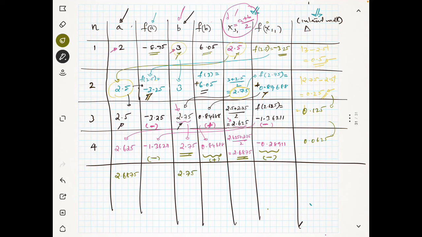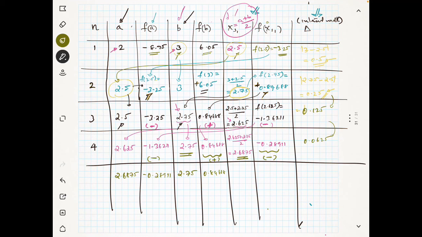So again we take 2.75. f of 2.75 is 0.84688, and the function value at 2.6875 is minus 0.28911. Now we will find the average again.